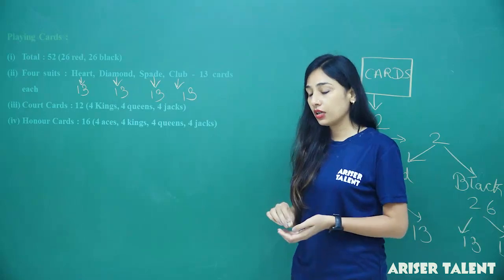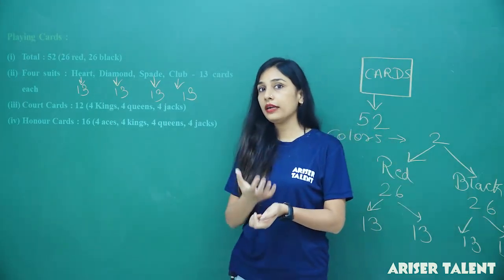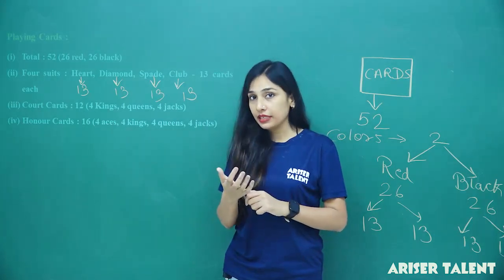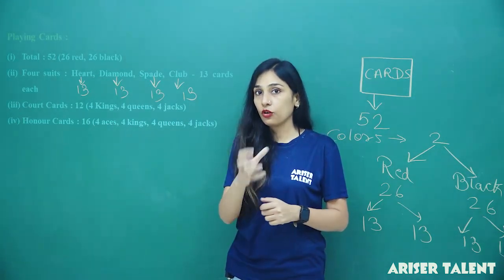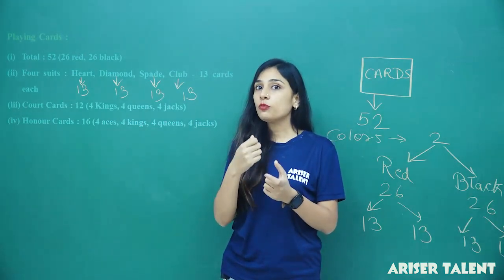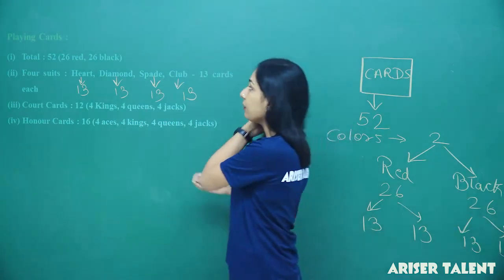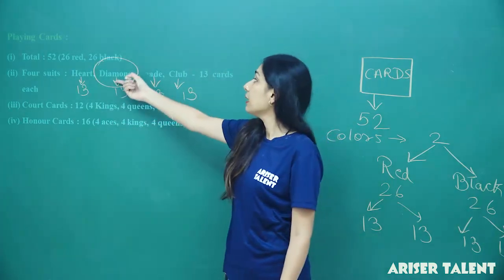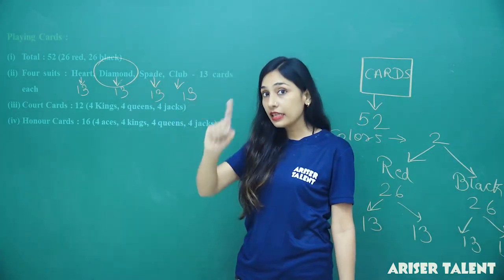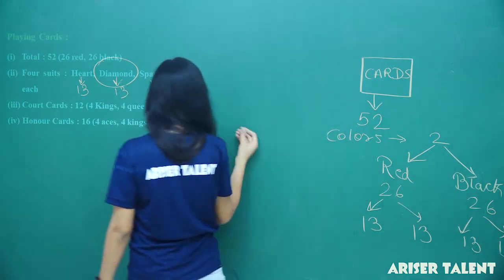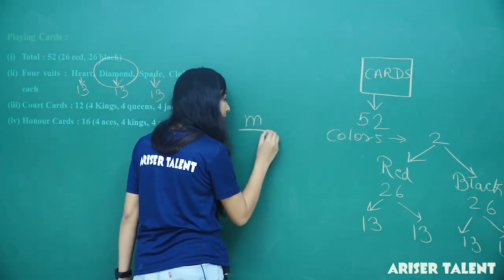Now, if I ask you, you are playing cards, what is the probability, if I give you a card from that set of 52, that you'll have a card from the diamond suit? Let's try to find out. That is simply m by n.